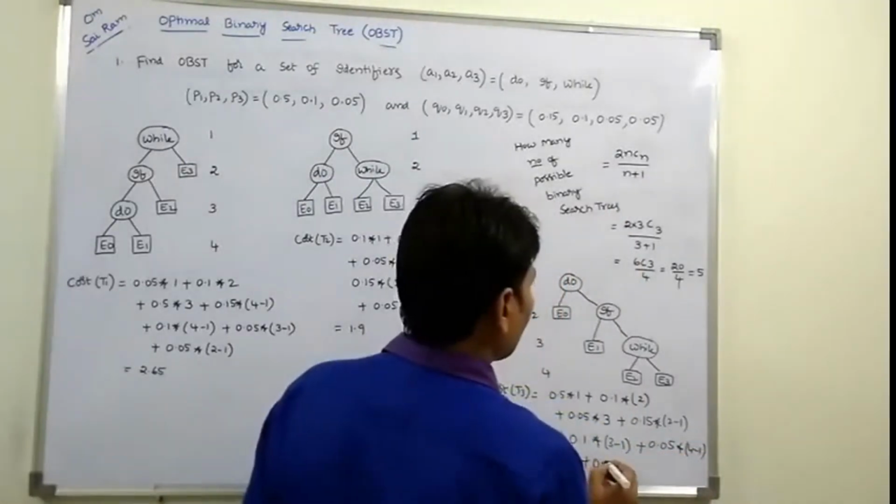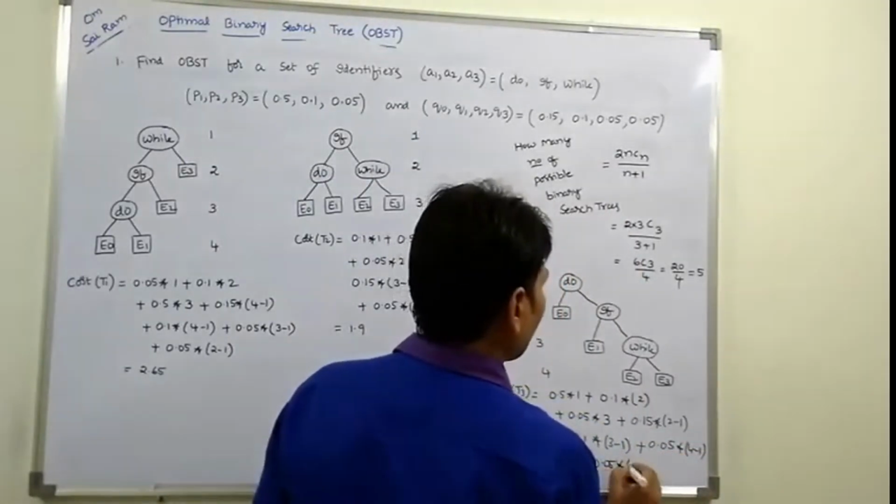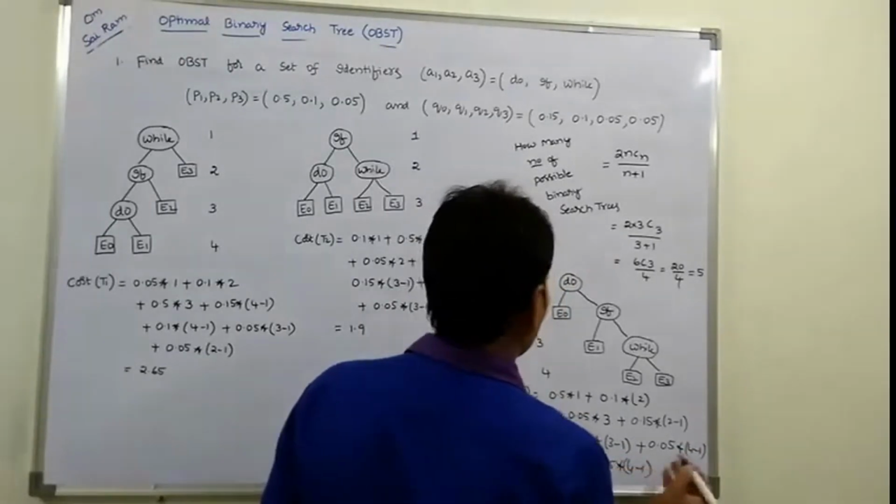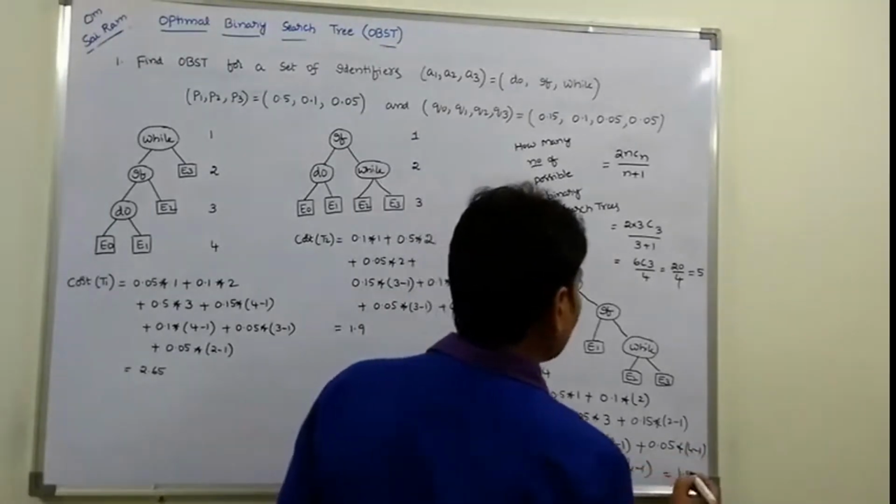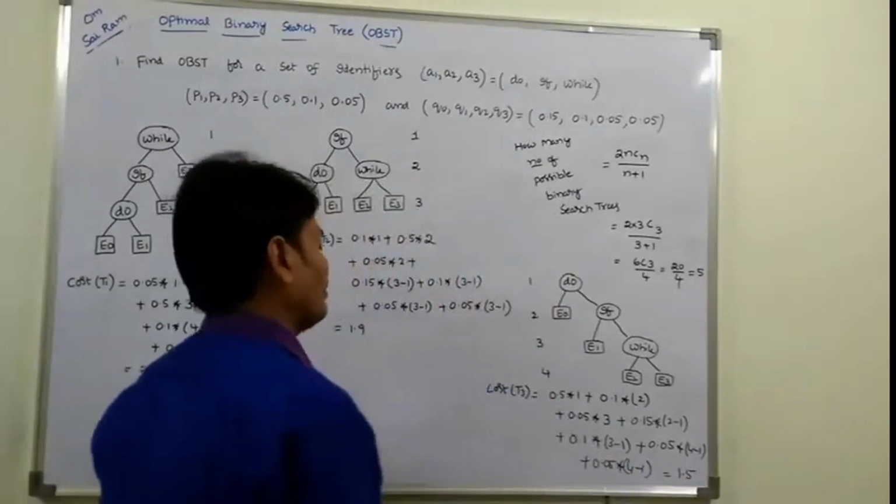Next probability is 0.05 is multiplied with 4 minus 1. So that is equal to 1.5.